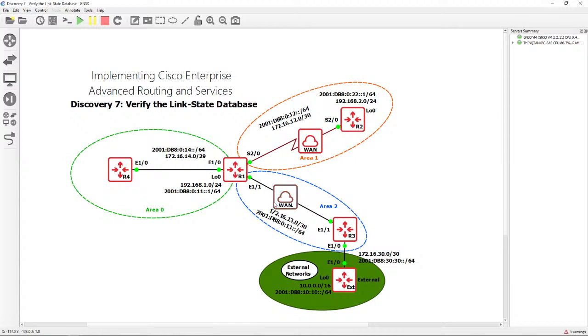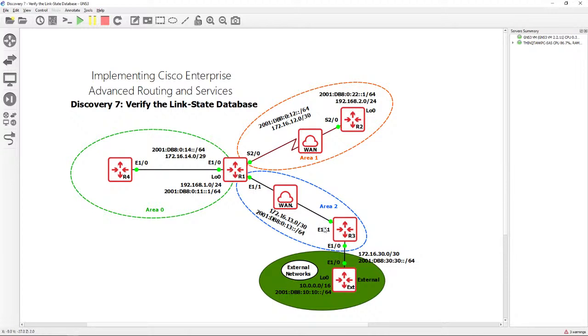So a not so stubby area, and by the way, this is the only special area type where a default route doesn't get injected automatically. So you have to take that into account. You can override that behavior by injecting the default route, but in a not so stubby area, only type 3s are allowed in, but you're allowed to have an ASBR.